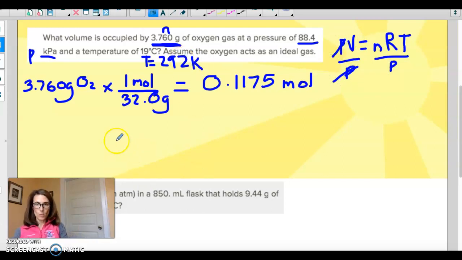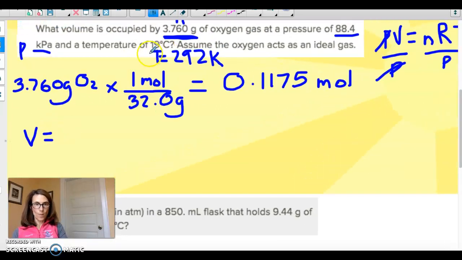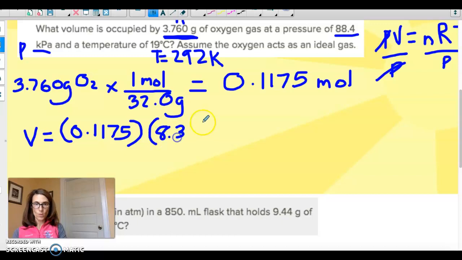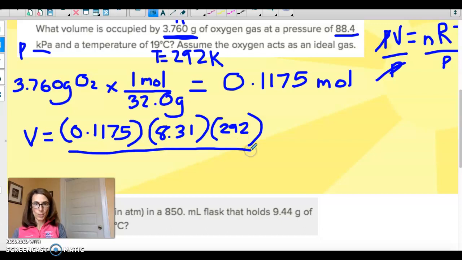So V equals nRT divided by P. So V equals n, which is 0.1175 moles. R in this case, again, since we have kPa, we're going to use our 8.31 value for R. 8.31. Our T, which we've already converted to Kelvin, is 292. And then we're going to divide by P, which is 88.4 kPa.